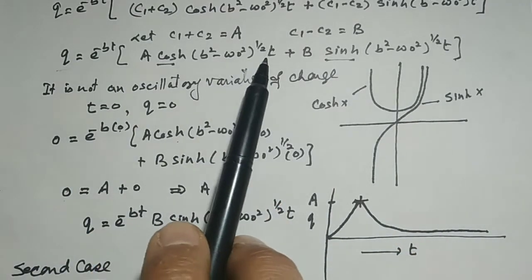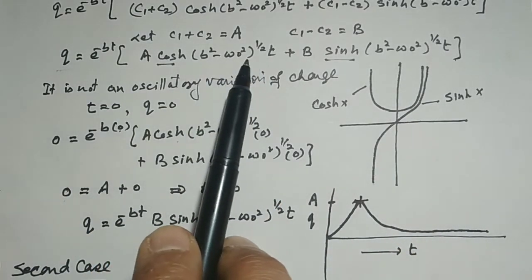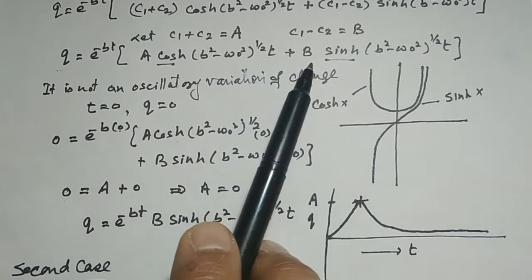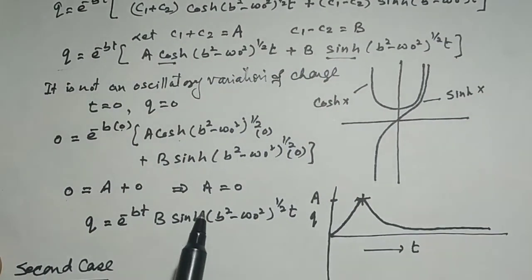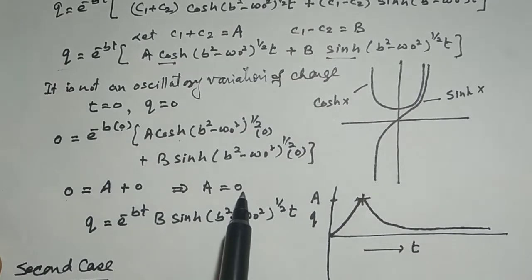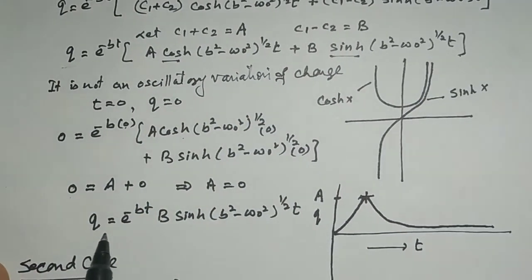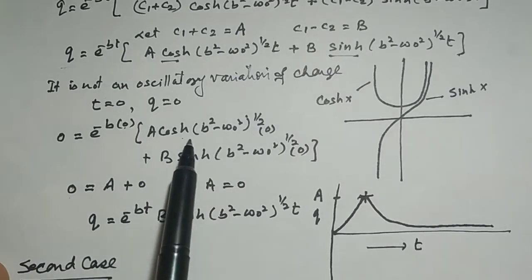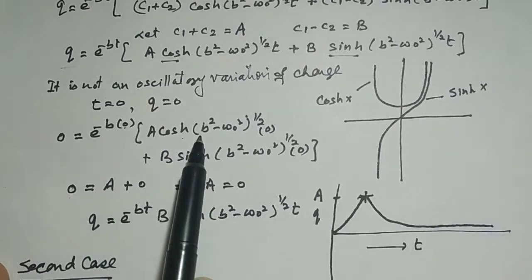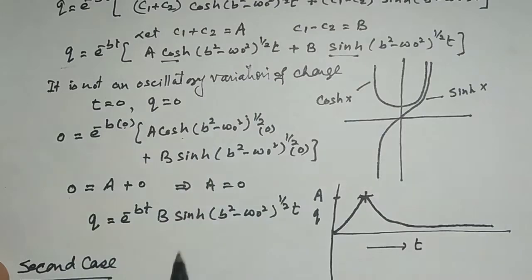So at any time, what will be the effect of this hyperbolic function, that we can write here that a is 0, then the value of this solution will be q is equal to a, which is vanishing here, therefore we don't write it. So we get e^(-bt) multiplied by b sinh of square root of (b squared minus omega naught squared) t.